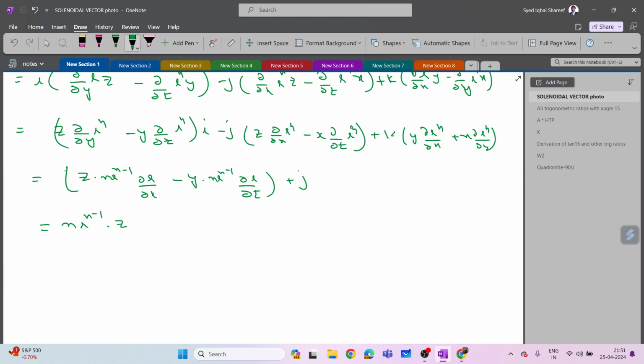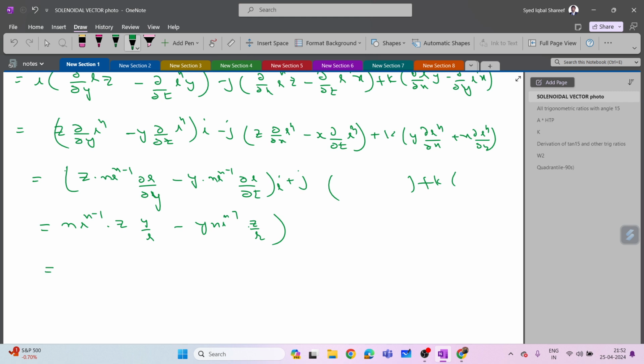What is this? ∂r/∂y, sorry, this is ∂r/∂y. ∂r/∂y is y by r, minus y into n r to the power of n minus 1. ∂r/∂z is z by r. This is with i, it is there with j and with k also.